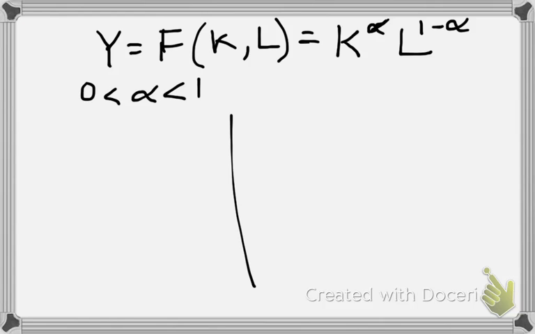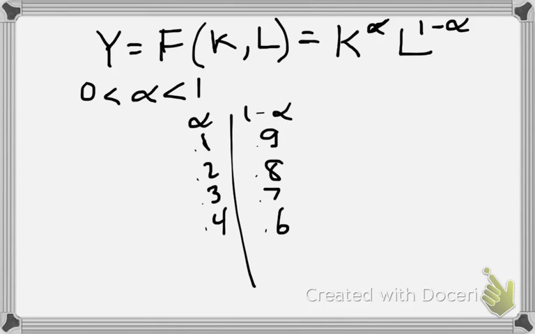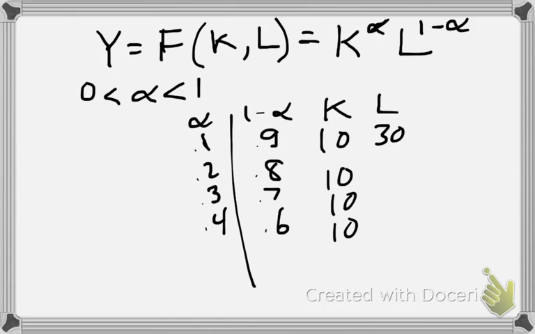You can go into Excel and suppose that you have alpha equal 0.1, 0.2, 0.3, 0.4, and then 1 minus alpha would be 0.9, 0.8, 0.7, 0.6, and then you can have different levels of capital and different levels of labor. So you can suppose capital was 10 and labor was 30.